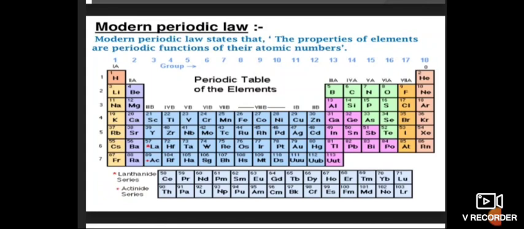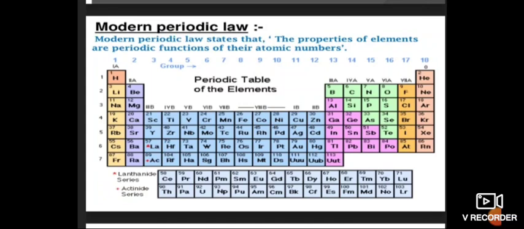When the elements are arranged on the basis of atomic number, cobalt comes first, even if their atomic masses are not in order. So this is the modern periodic law.